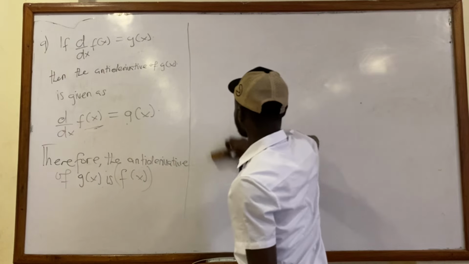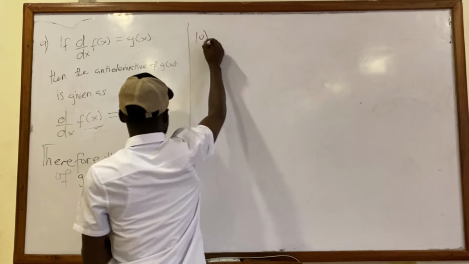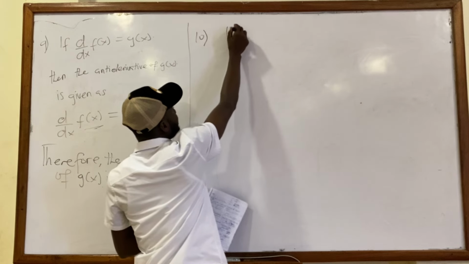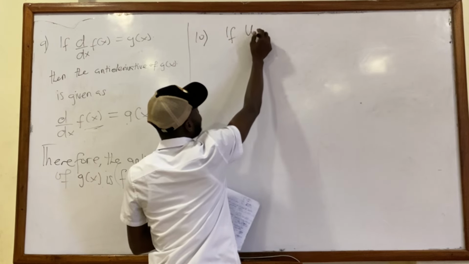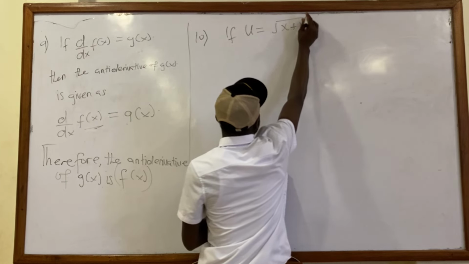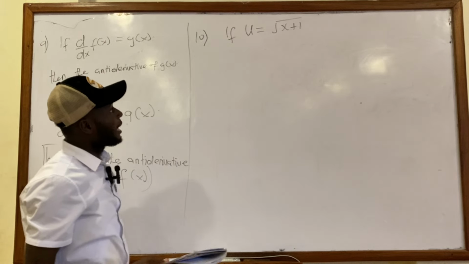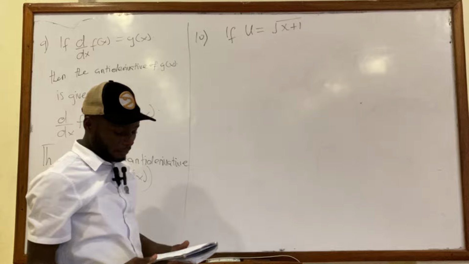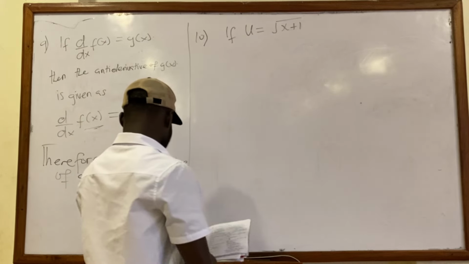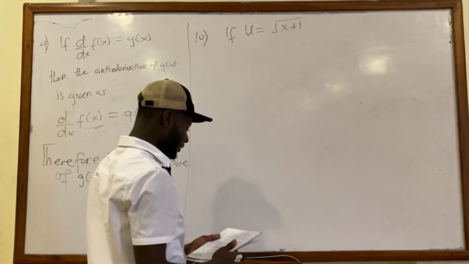Question number 10 says, let u equal the square root of x plus 1. Now we are to check which of the functions is equivalent to that particular function.